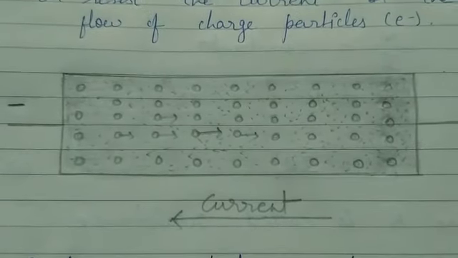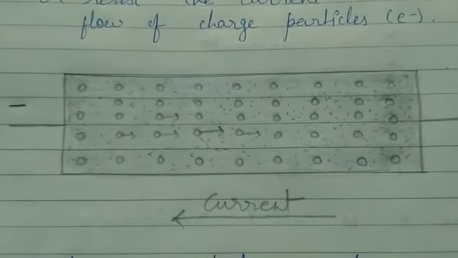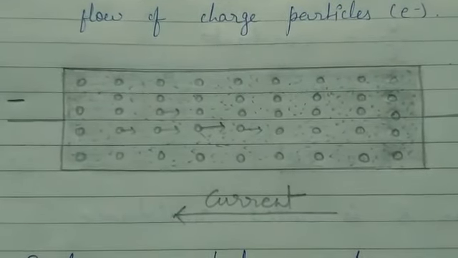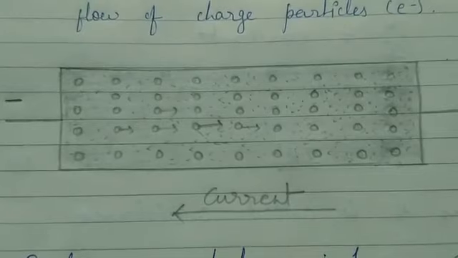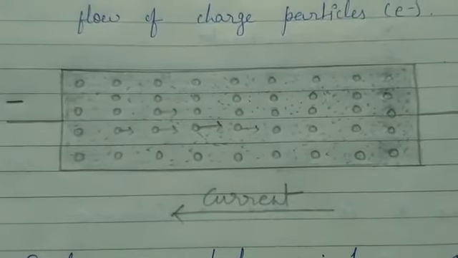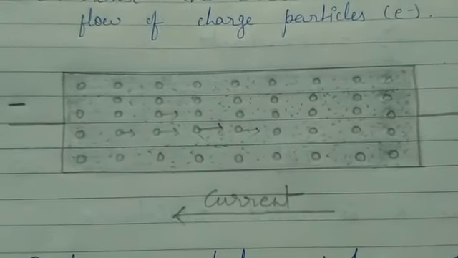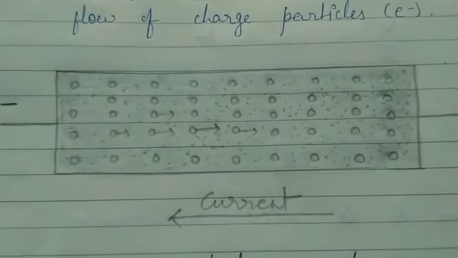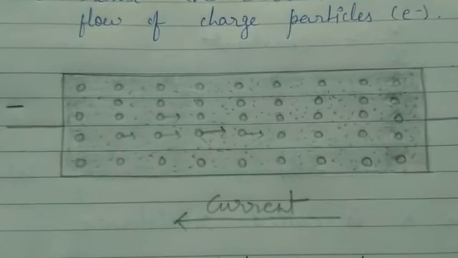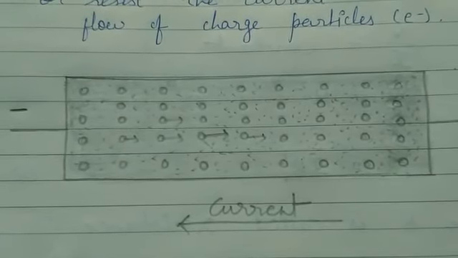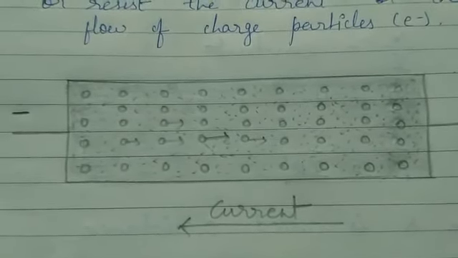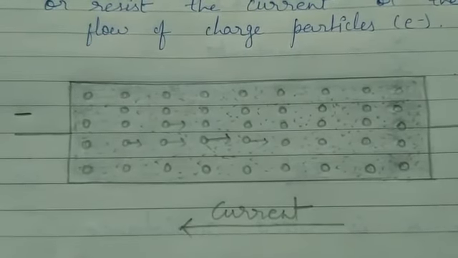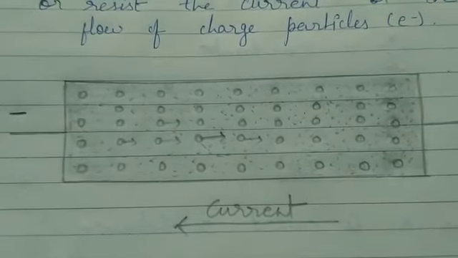Now students, by applying potential difference electrons start moving, but we all know that conductors, or any material, are made up of small particles called atoms. So in all conductors these particles are present. When an electron is moving in its path, it collides with the particles of the conductor.